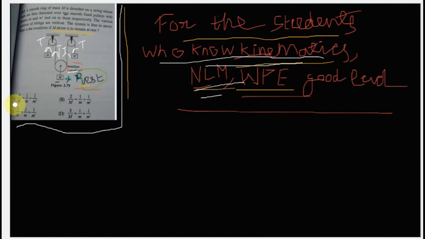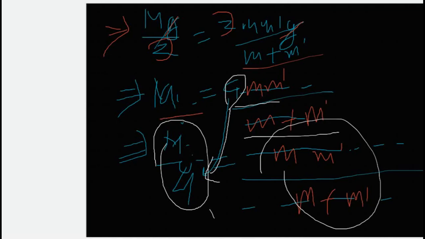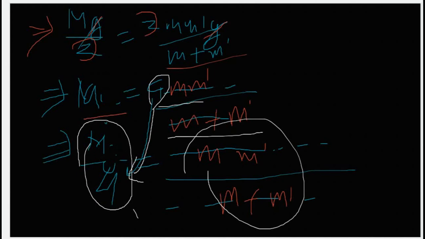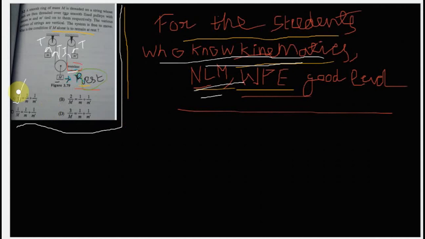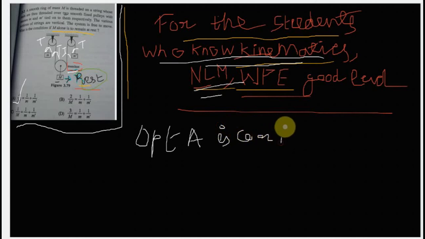Here the option matches option number A, that is 4 upon capital M is equal to 1 upon m plus 1 upon m prime. So option number A is correct, yes.